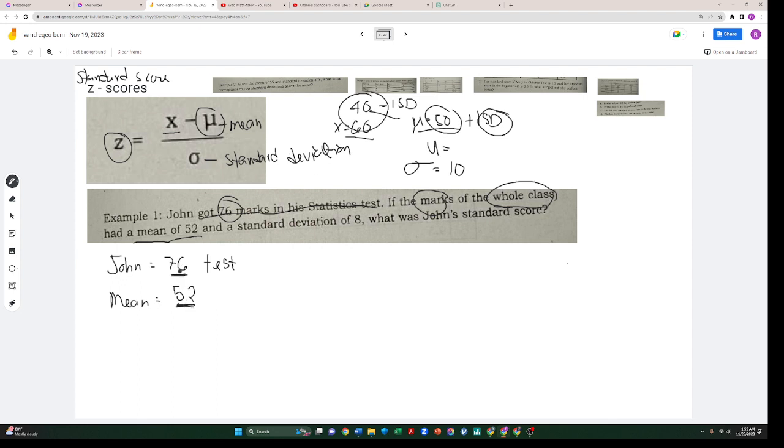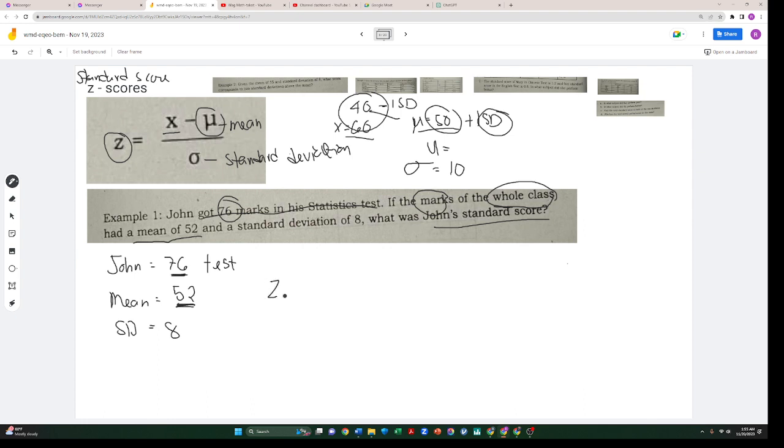But let's solve it. And don't forget the standard deviation, which is 8. What was John's standard score?